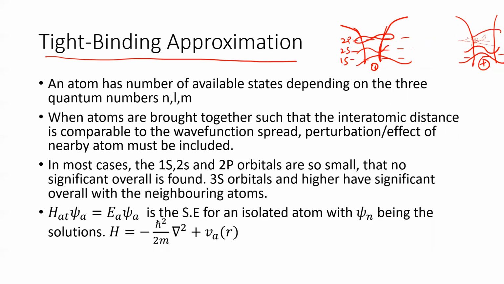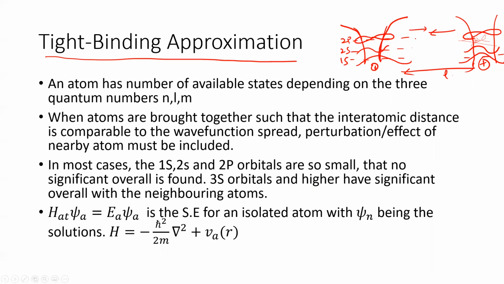So now the question is, if I bring them together, move them together, reduce the atomic distance L, what happens to these wave functions? How do they interact with each other? So these are the questions that we want to talk about.